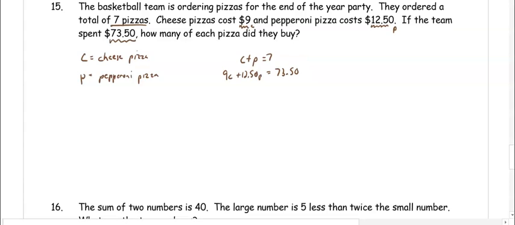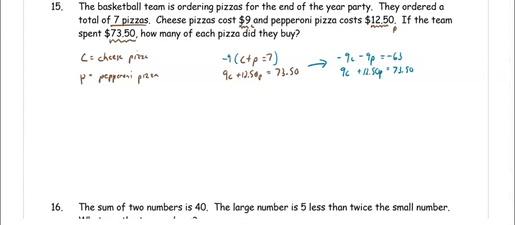So in order to solve, we can multiply by -9. We get -9C minus 9P equals -63. 9C plus 12.50P is equal to 73.50. So when we add straight down, the C's cancel out, and we're left with 3.50P equals 10.50.